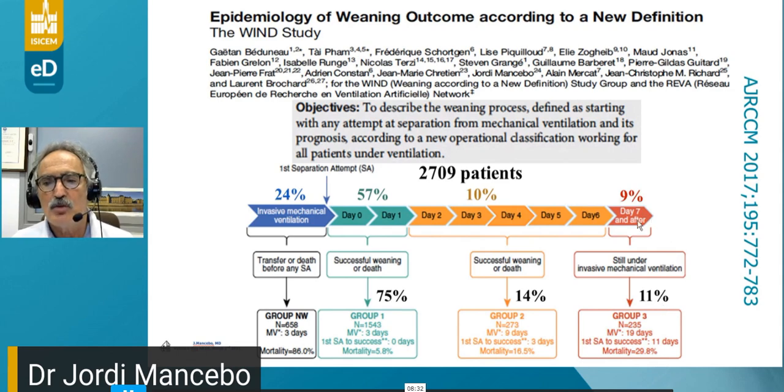Whereas in the patients with prolonged weaning, the duration of mechanical ventilation was close to 3 weeks, and the mortality was substantial. So this data indicates that as long as we prolong the weaning duration, the likelihood of having a poor outcome also increases.